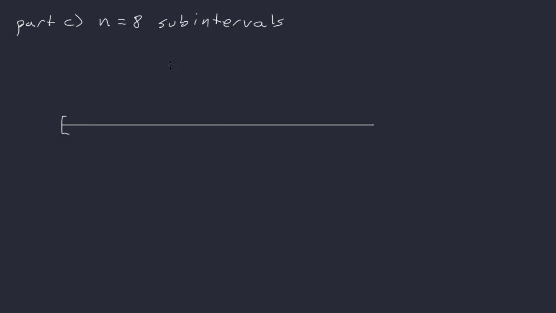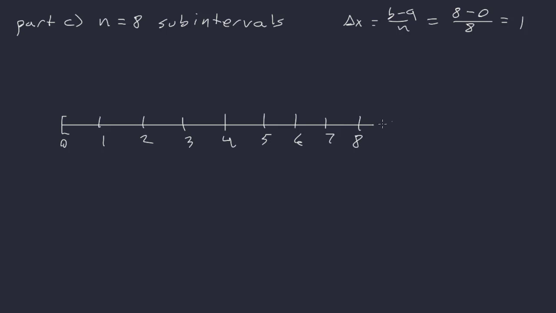All right, so for 8 subintervals, remember our delta x is going to be b minus a over n, so it's going to be 8 minus 0 over 8, so 1, right? So we'll go from 0 to 1, 2, 3, 4, 5, 6, 7, 8.